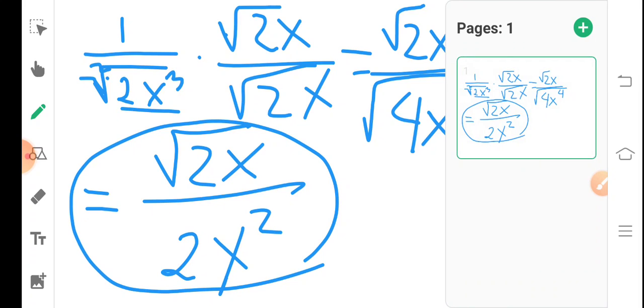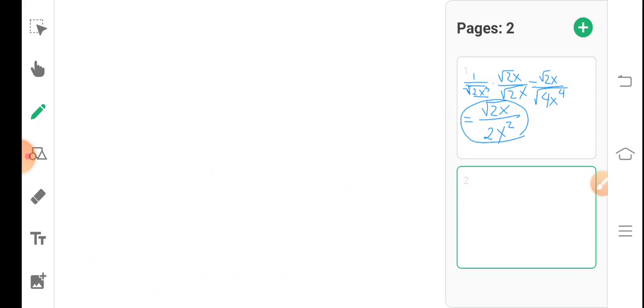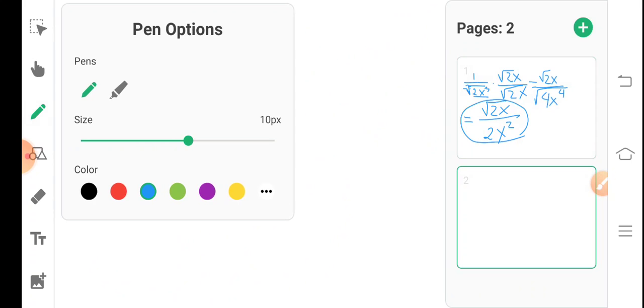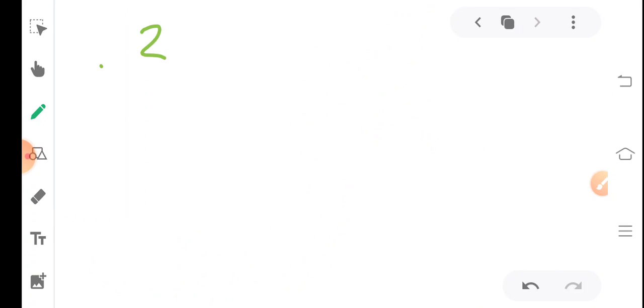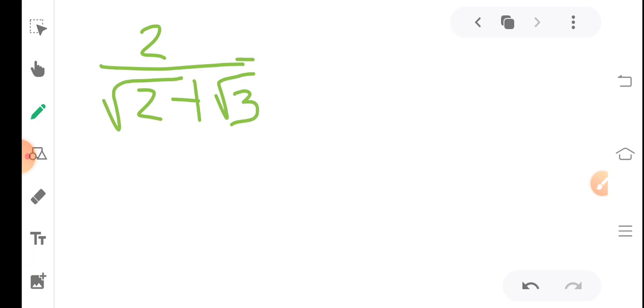Let us take another example. What if we have 2 over the square root of 2 plus the square root of 3?